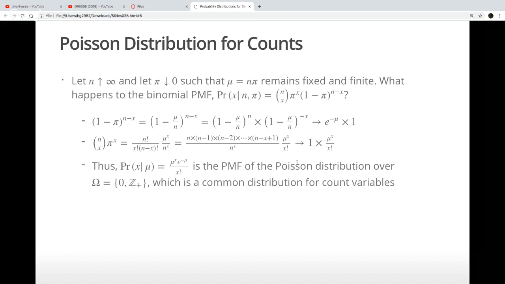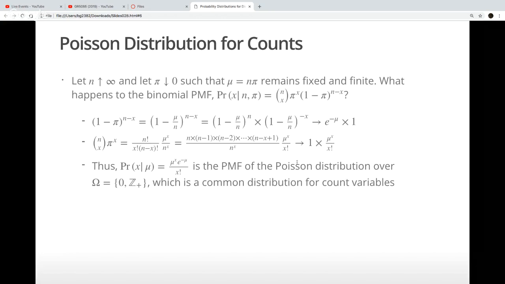It can be obtained by imagining this particular limiting structure on a binomial random variable. So again, assuming a large number of trials, each of which individually has a small probability of being successful, but collectively you're going to have an expectation of mu of them.